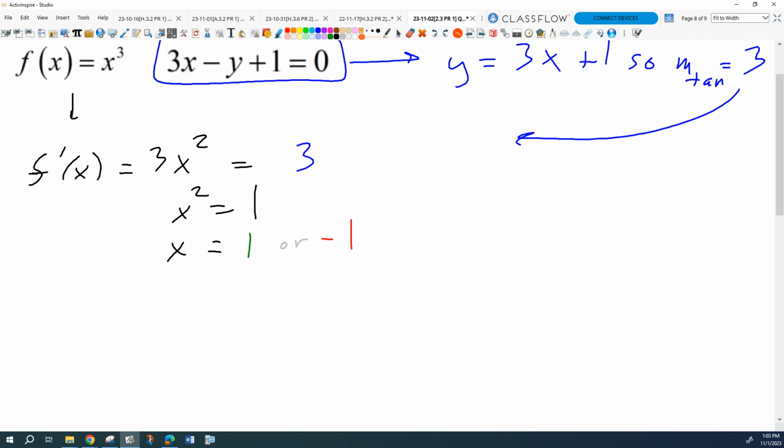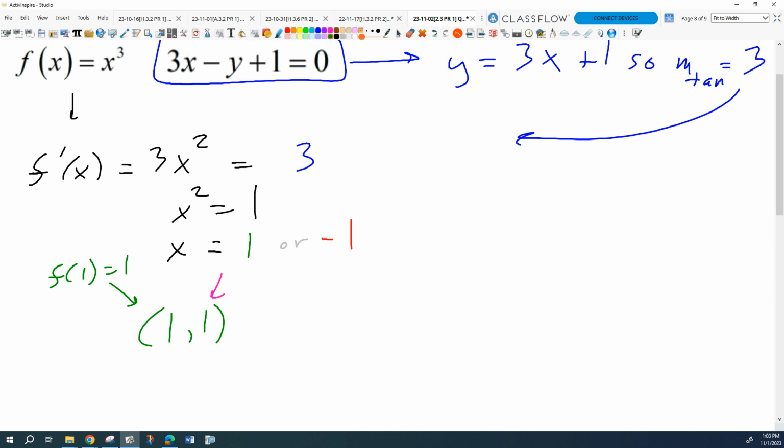When x equals 1, that corresponds to the point x equals 1, y equals 1, right? How come? Well, because f of 1 equals 1. Make sense?